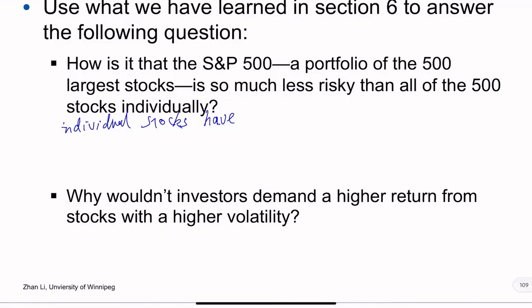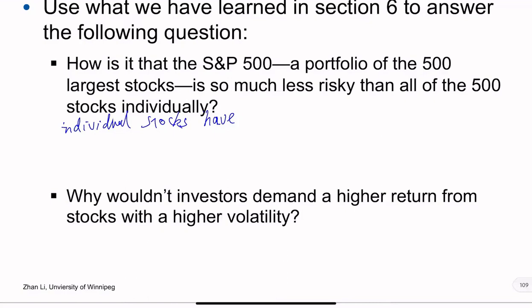However, when you combine these individual stocks into a portfolio, it becomes this S&P 500 portfolio. In this case, you can see that as you add 500 stocks into this portfolio, then this firm-specific risk will be diversified away.